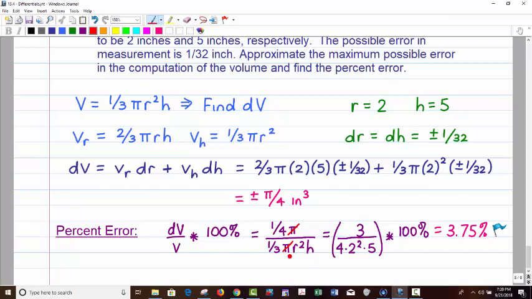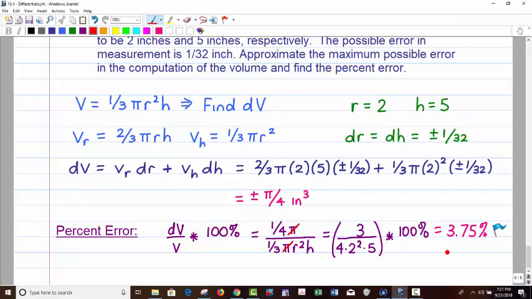And there's the original. So we're trying to look at the original volume, 1/3 pi r squared h. Since that has a pi, I just cancel the pi's. So it ends up being divided by 1/3. You can do the math any way you want. But what happens here, the 4 comes down and you would divide by 1/3. That's the same thing as multiplying by 3. So the 3 is on top, and you have 2 squared times 5 on the bottom.